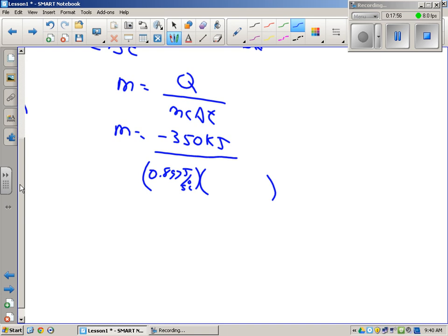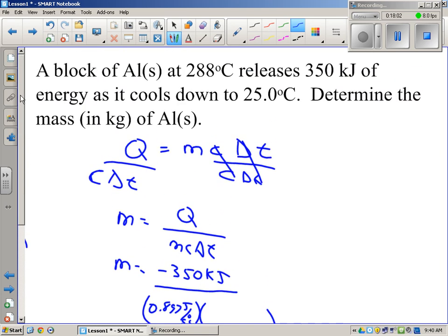And the temperature change. Well, remember, it's the final minus the initial. What's the final temperature here? Well, look, it starts at this, and as it's cooling down, it's giving off energy, right? It's releasing its energy. And this is the final temperature here, okay? So if we look at the final temperature and the initial, we have to subtract those two, of course.